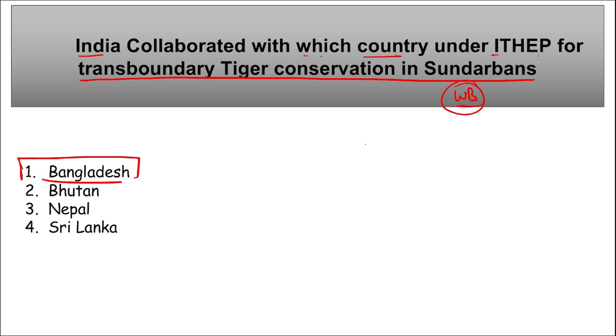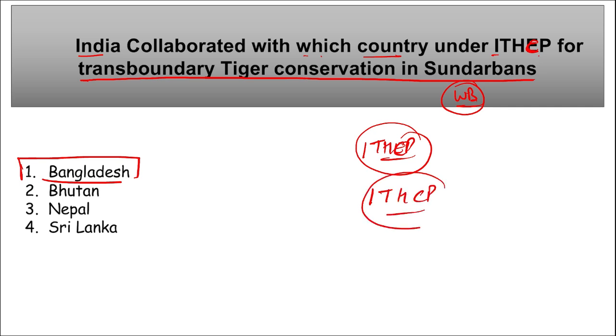Next, if we talk about this ITHCP, right? What is this ITHCP? This is Integrated Tiger Habitat Conservation Program. I repeat, Integrated Tiger Habitat Conservation Program, correct? And remember, India and Bangladesh collaborated here.